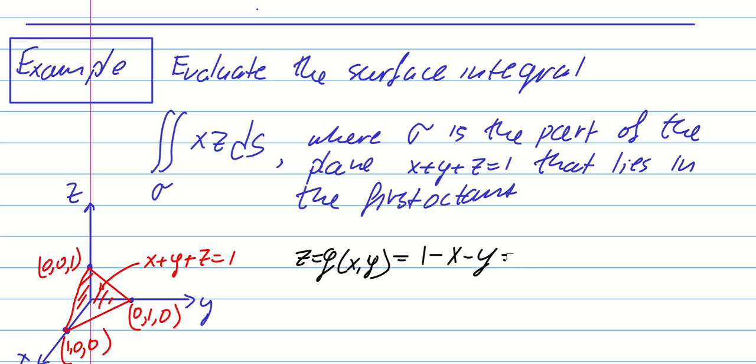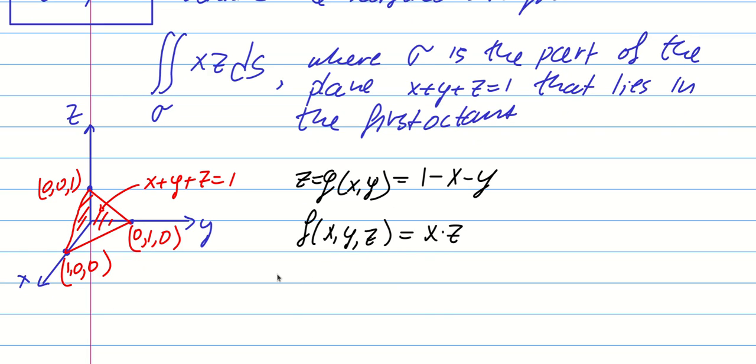And our f function of x, y, and z is equal to x times z. All right, so now we need to calculate dz/dx. It's going to be just -1. We need to calculate dz/dy, which is -1.